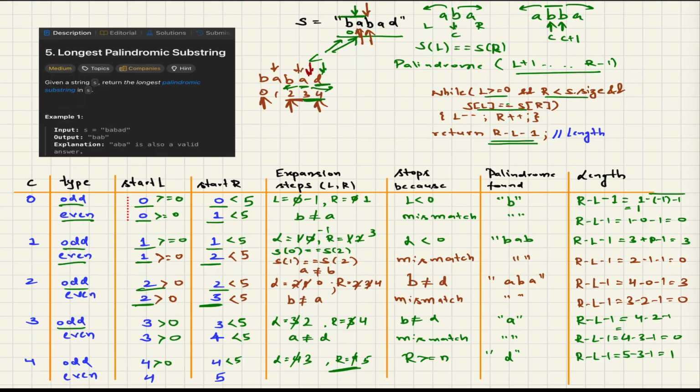Now we check for the even type, at 4 and 5. My L is equal to 4 and my R is equal to 5. Is R, yeah, so we know that R is greater, it's not even equal, it is strictly greater.